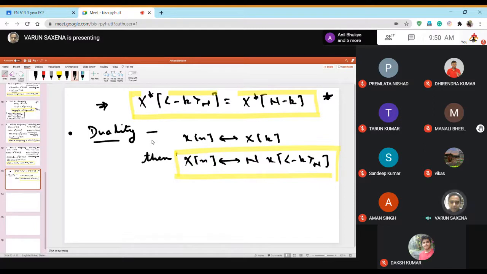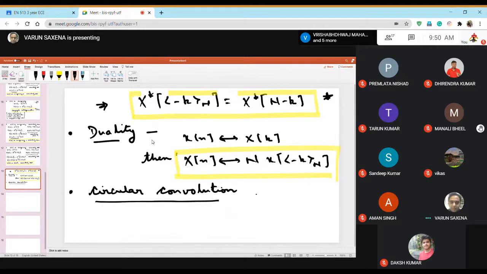Then comes an important thing, which is circular convolution. I'm tempted to solve problems for circular convolution right now, but I'll resist it because I just want to write down all the properties and we'll look at problems exclusively tomorrow in the 2 classes that we have.